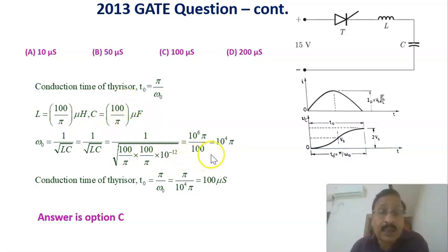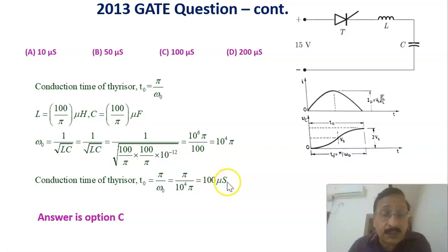Substituting, we get omega naught equal to 10 to the power of 4 into pi, and the conduction period is pi divided by omega naught, which means pi divided by 10 raised to 4 into pi, that's equal to 100 microseconds.